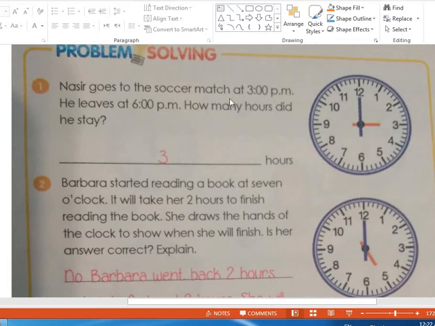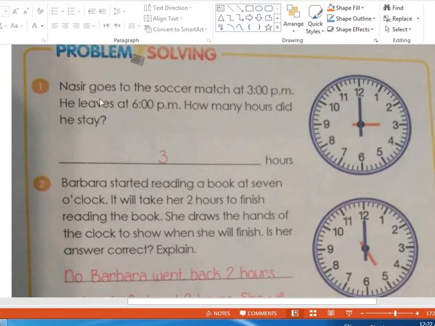He goes there at 3 o'clock and then he leaves the match at 6 o'clock. So what should I do here? The difference means minus. So 6 minus 3 equals 3 hours.